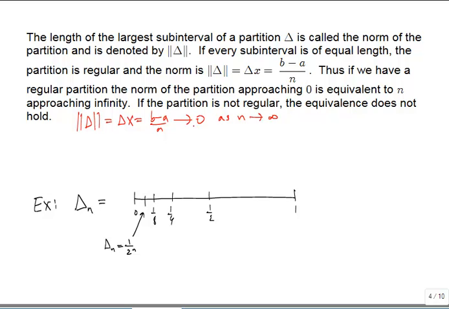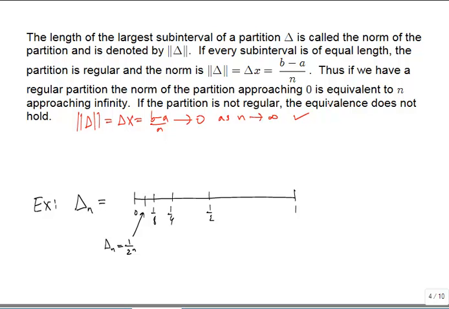So a regular partition automatically gives us this requirement that our norm needs to go to 0. So a regular partition is good. All right, if we have a regular partition, then we're going to satisfy that requirement that our norm needs to go to 0. So that will happen if it's regular.